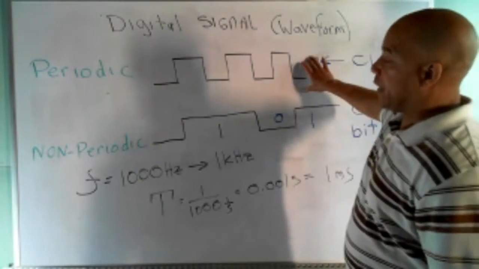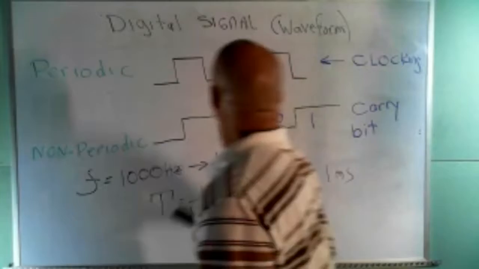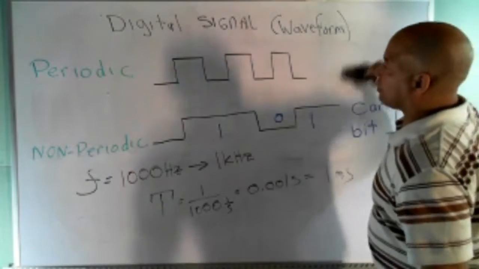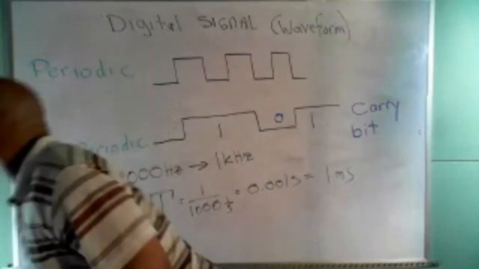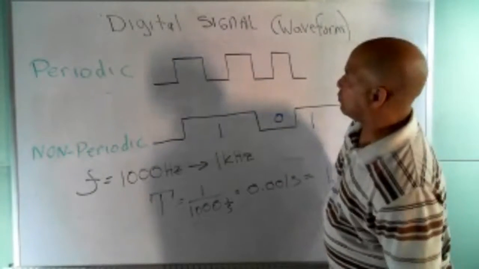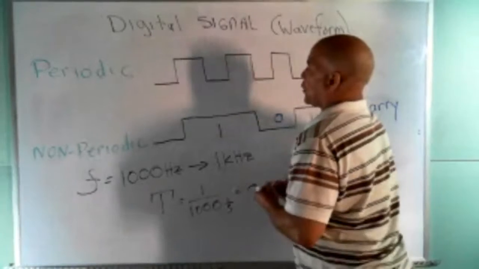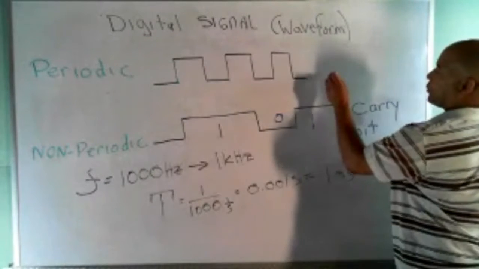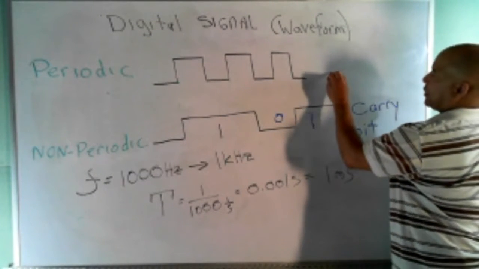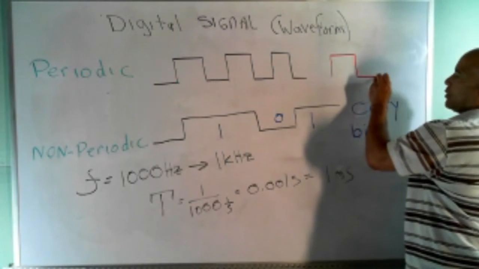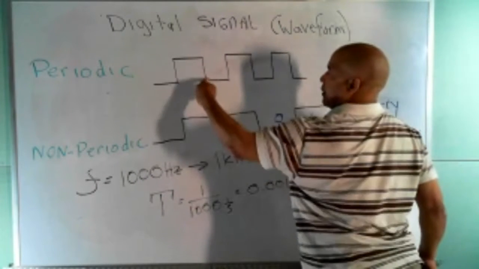What you want to do is look at the period of the clock. The period is measured from where it starts to where it ends. Remember, the thing that's repeating is this, and then it starts over again.